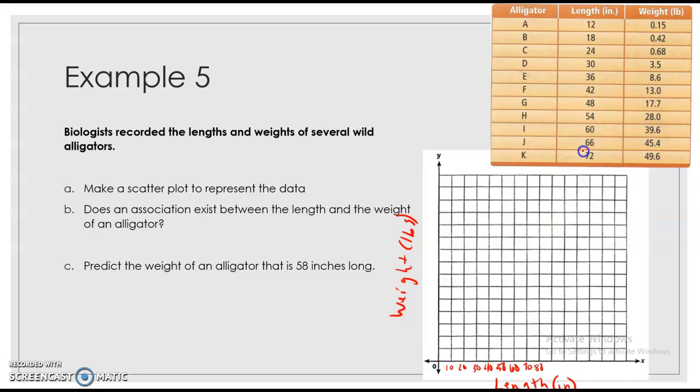And then looking at our weight, we don't go beyond 50, so I'm actually going to do my weight by fives. 5, 10, skip one, then get to 20, 35, 40, 45, 50. You can write the numbers in between as well, but just for the sake of not getting too crowded. And then from here we just graph, so approximate where 12 is, and then 0.5 is, basically still on that line.